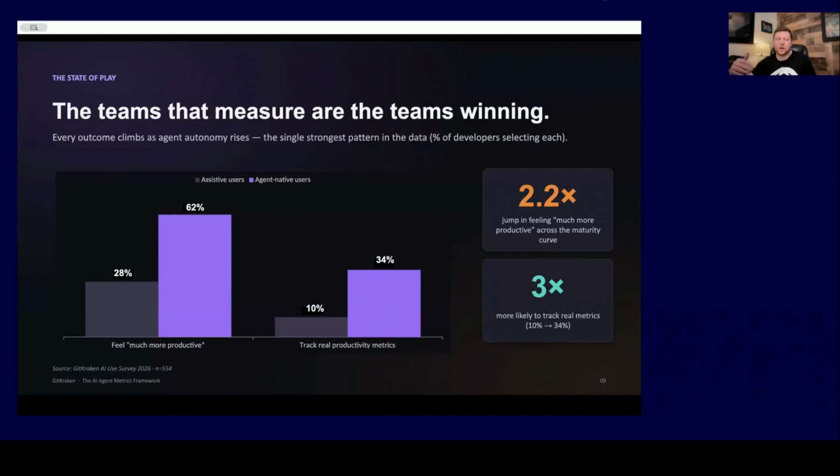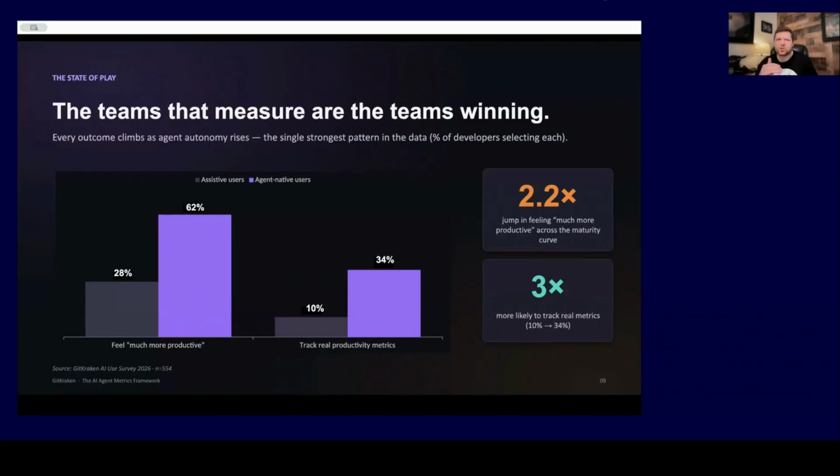You could even be running multiple agents simultaneously, letting them do a lot of the work for you. So what we saw in the data was super interesting. Every single outcome improves as you climb up that curve. Feeling more productive more than doubles, from 28% to 62%, going from assistive users to agent native users.